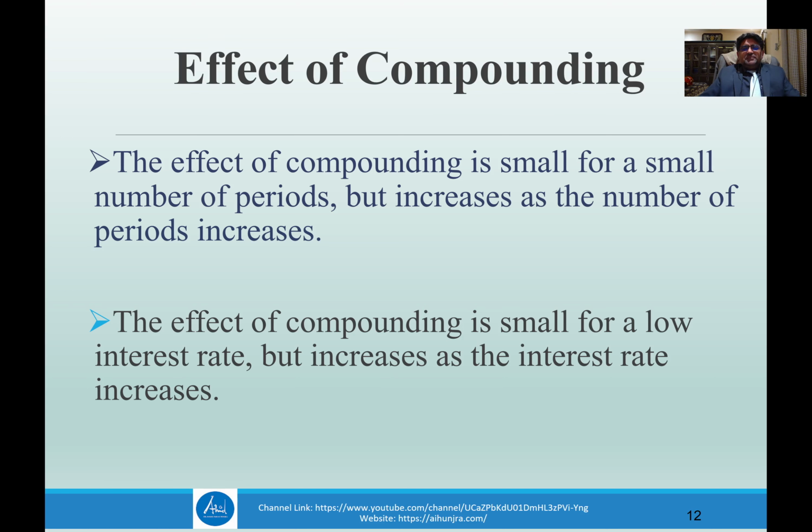So future value is compounding. We can simply say we get a higher future value with a greater number of time periods and a high interest rate. If the number of time periods is smaller and the interest rate is low, then the future value is low.